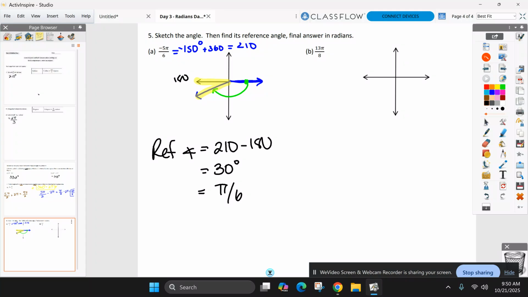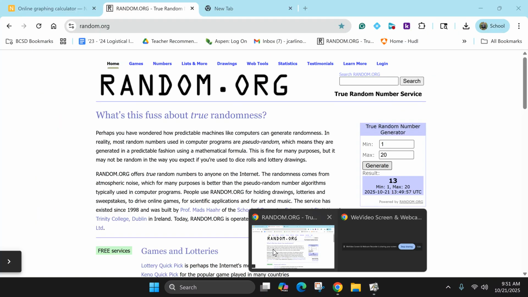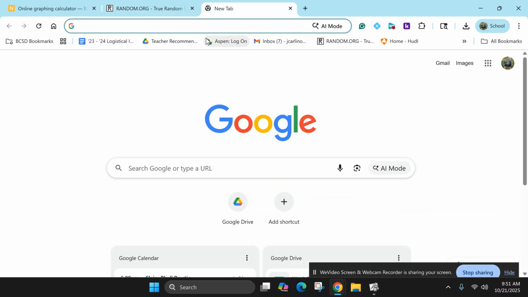Then I need the reference angle in radians. Don't move on to anything else till we go over it.